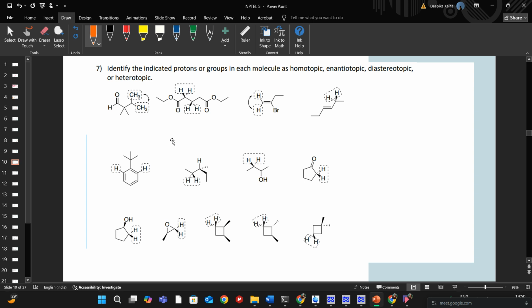So now I hope it is already easier for you. Let us try to solve these one by one. In the first molecule, you have been asked whether these two methyl groups are homotopic, enantiotopic, diastereotopic or heterotopic.